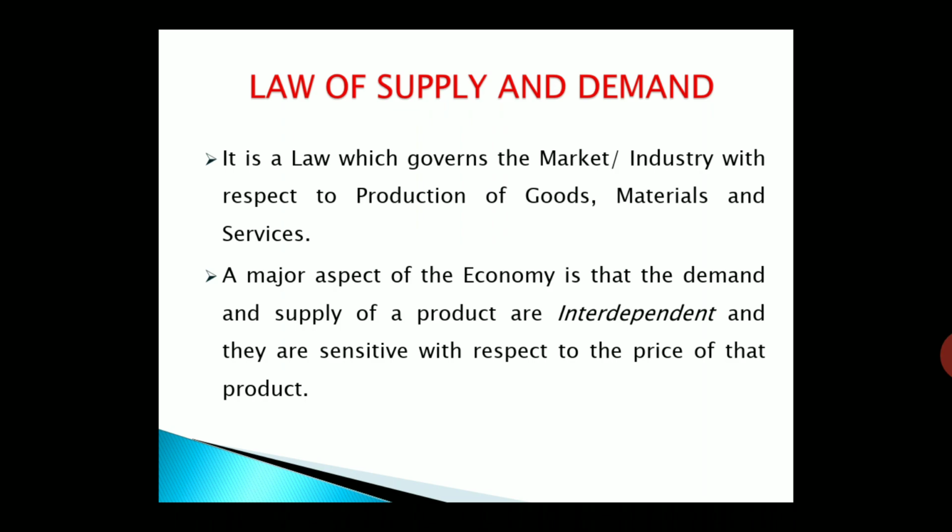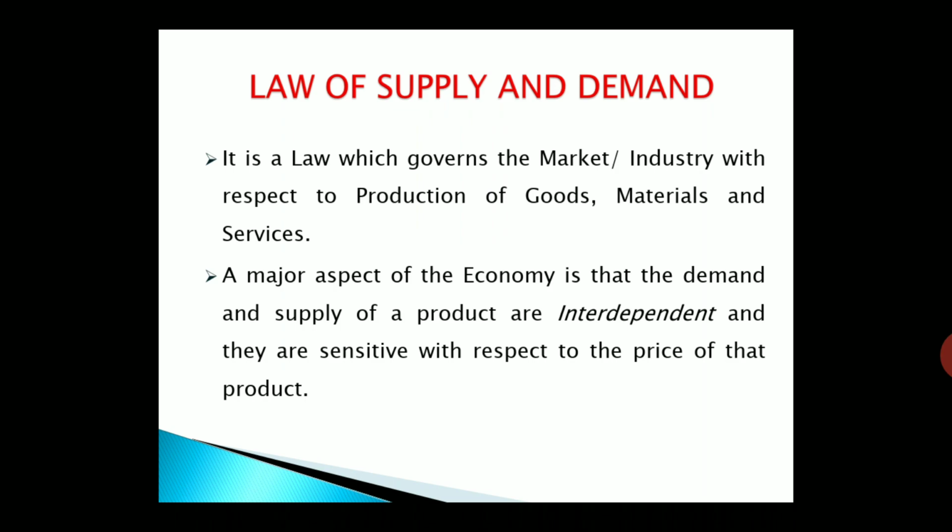So, in general, this law is about the market or industry with respect to production of goods or materials and services extended. A major aspect of economy is demand and supply of a product are interdependent, that's for sure. More the demand, more the supply is a universal rule, or less the demand, lower the supply.